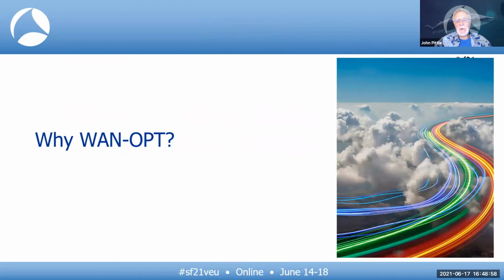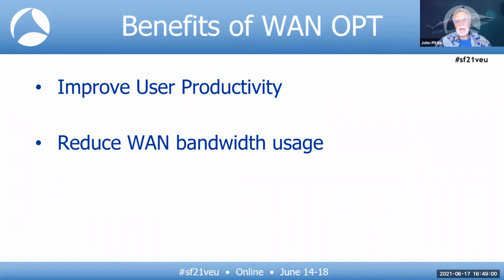So why WAN optimization? Well, it really comes down to we're trying to provide some benefits to the organization, improving user productivity through faster response times, and also reducing WAN bandwidth usage. That was one of the early drivers for WAN optimization.